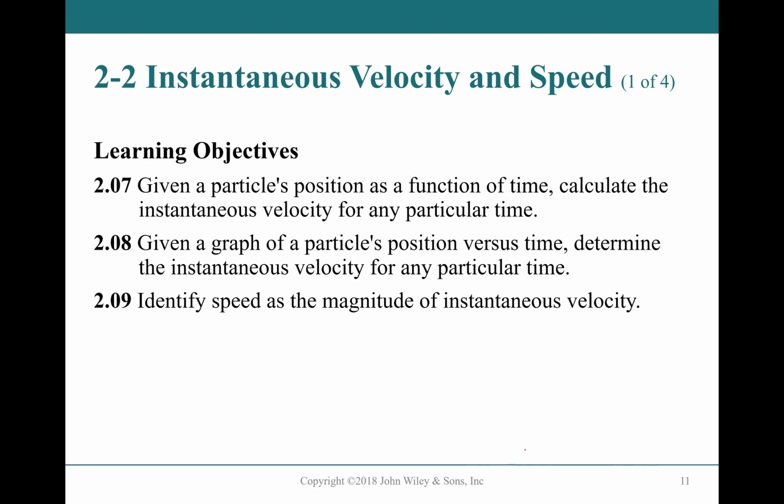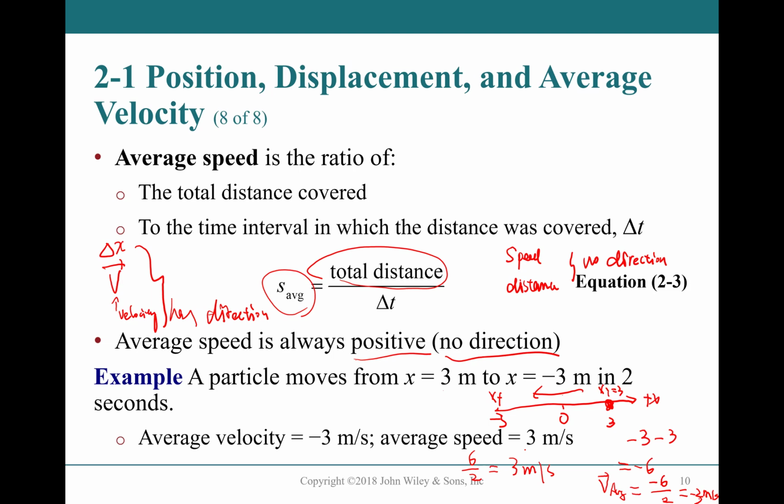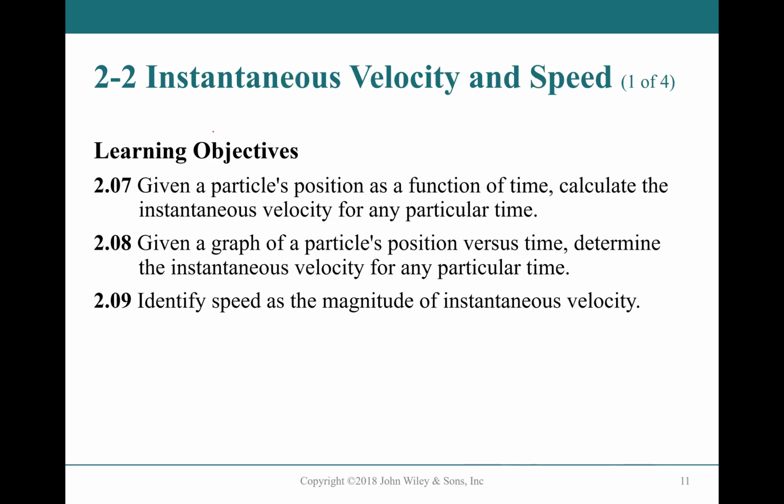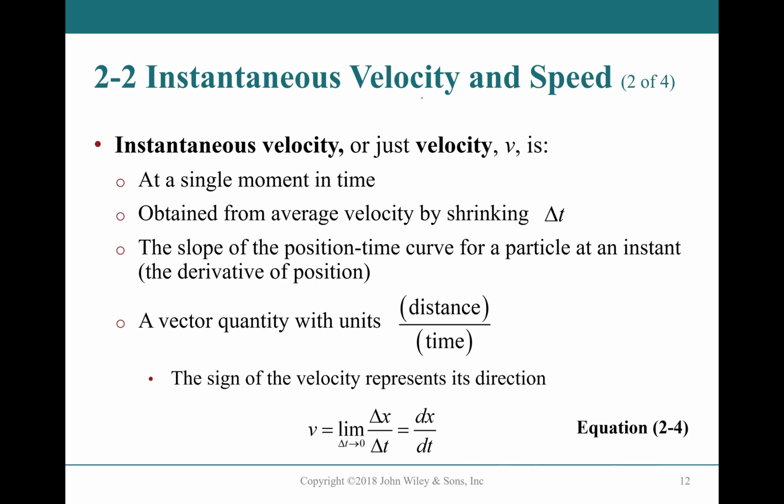After that, we know what is position, displacement, and average velocity. We also need to know something called instantaneous velocity. It's not average, but it's a velocity at a given time, so at a given moment. So instantaneous velocity and speed. We can take a look at this definition here.